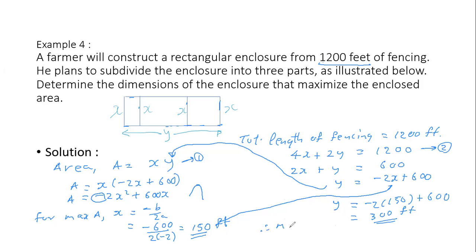Therefore, maximum area is equal to x times y, 150 times 300, which is 45,000 square feet.